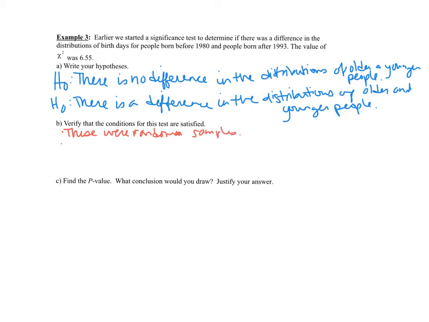Actually, all of these are pretty much the same for all chi-squared tests. The data are counted. And if you want, you can extend that. Expected counts are all at least 5. Or you can just do that one separately.